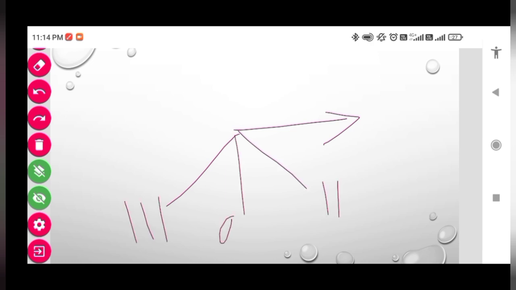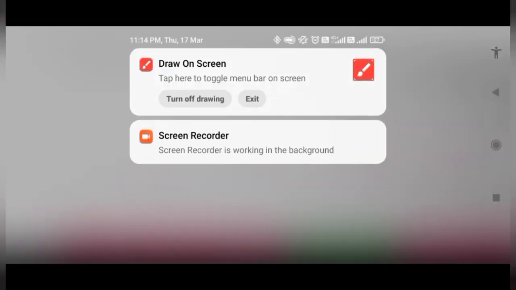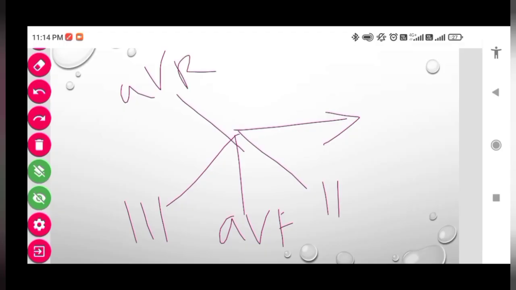Okay. If you see lead 1, 2, 3, AVF, AVR, okay.